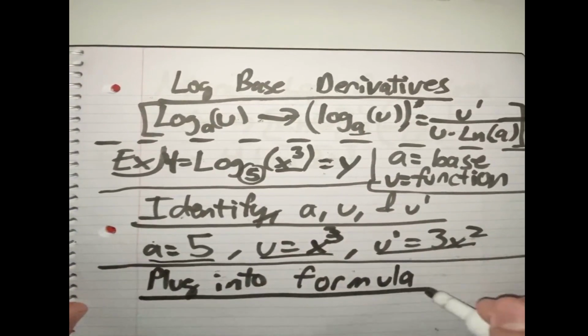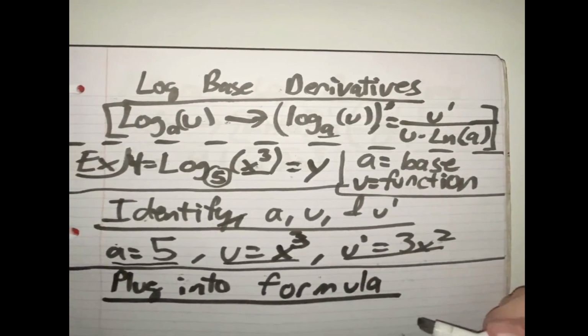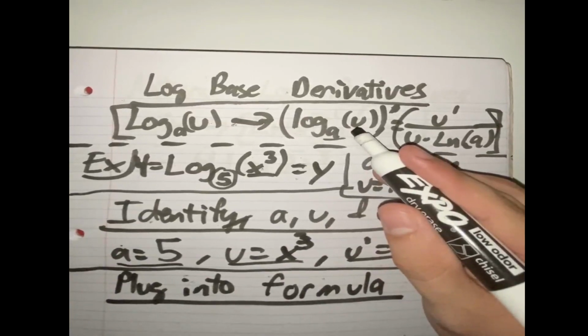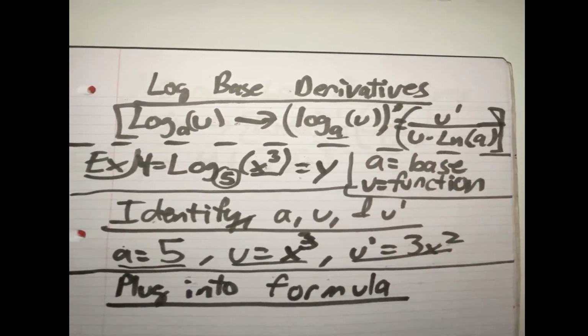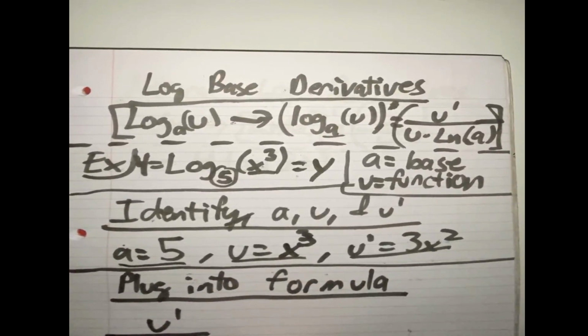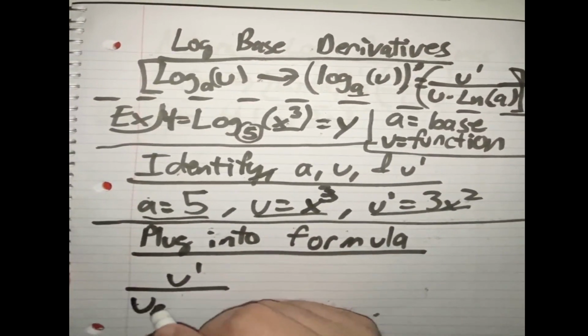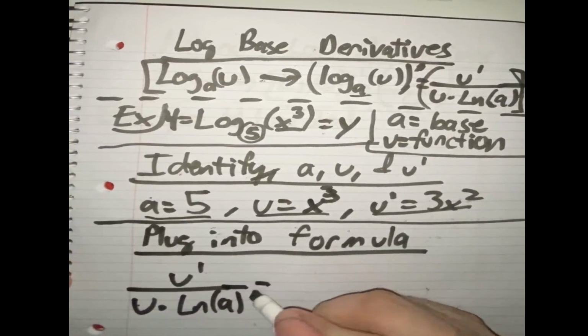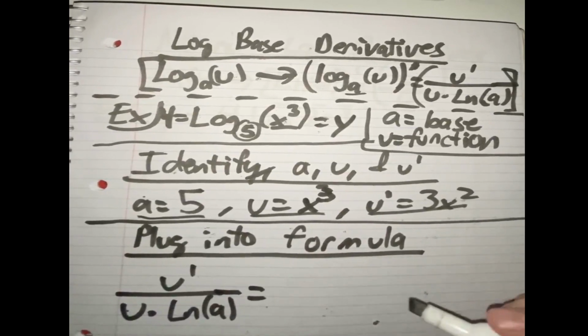It's that straightforward. So what is our formula? Our formula is up here: the derivative of log base a of u is equal to u prime divided by u times the natural log of a. So without further ado, we plug in these variables.